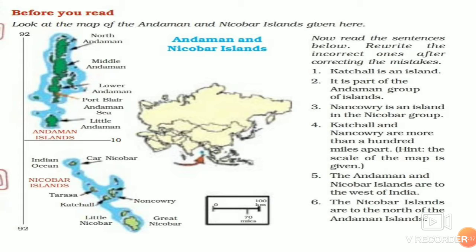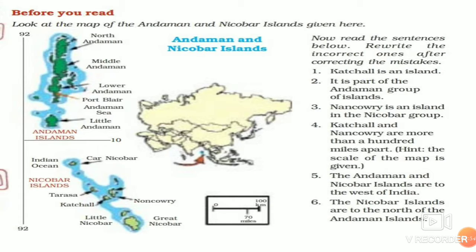Now we are going to see what happened due to the tsunami caused over here in the Andaman and Nicobar Islands, how some of the families were disturbed and lost their lives and family members.